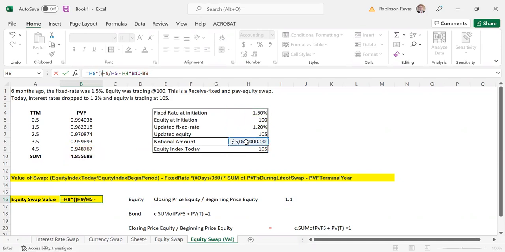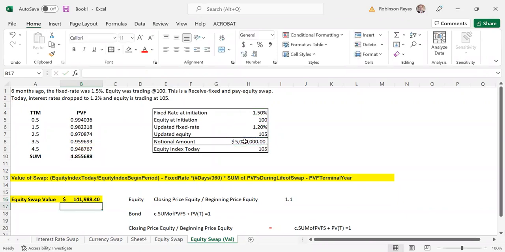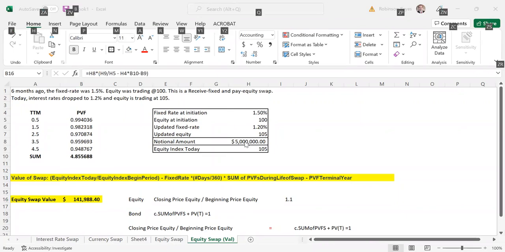So what we do is we add a parenthesis here and in the end, and now we can multiply by the notional amount. Once we do that, we end up with this amount, which is 141,988.